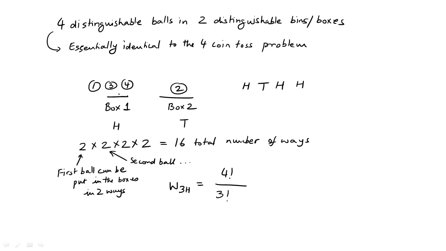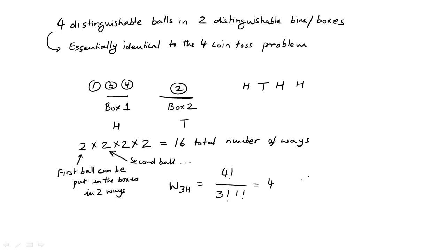All these permutations don't count because as long as the ball is in the first box, their order does not matter. Then divided by 1 factorial for the ball in the second box. So the number of ways of putting 3 balls in box 1, or equivalently, the number of ways of getting 3 heads, is 4.